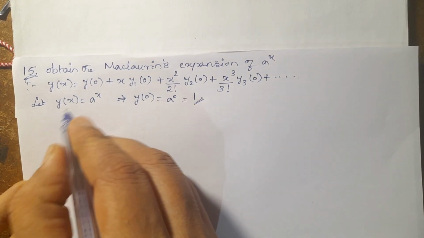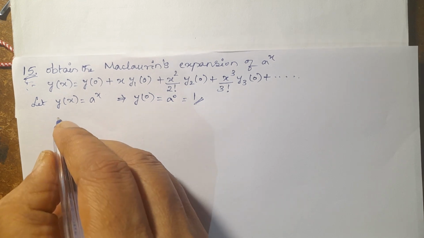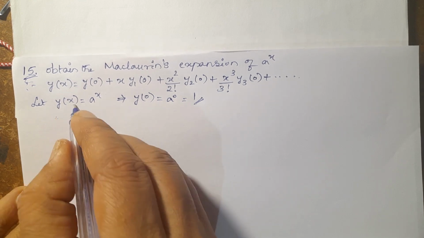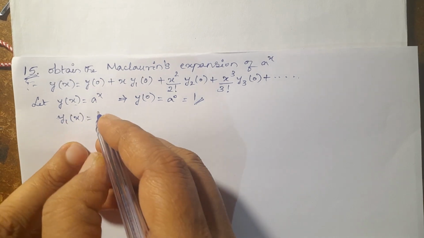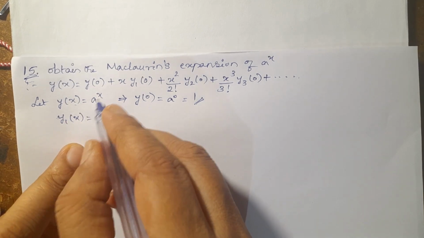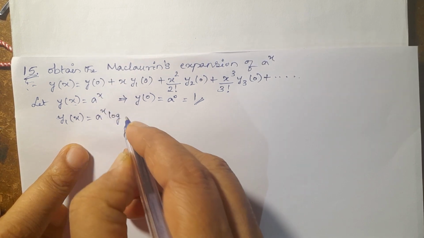Next, find out y1 of x. So y1 of x is differentiation of y of x. So differentiation of y of x is y1 of x equal to differentiation of a power of x, which is a power of x into log a.